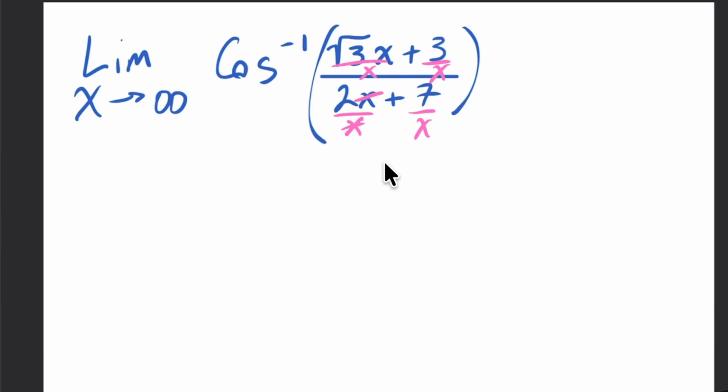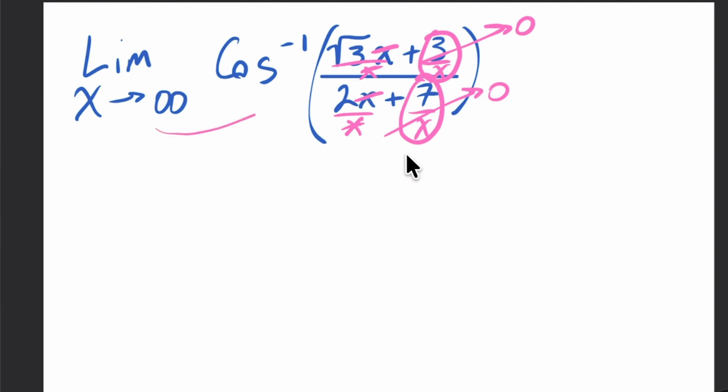These x's would cancel out, these x's would cancel out, and when you plugged in infinity to both of these terms, this denominator is going to go way up high. So you're going to have something like 7 over a million. That's tantamount to 0, as is 3 millionths. So these go to 0, and you're going to end up with square root of 3 over 2.